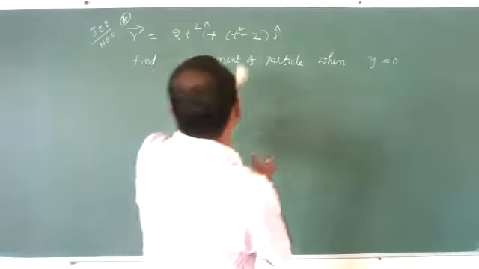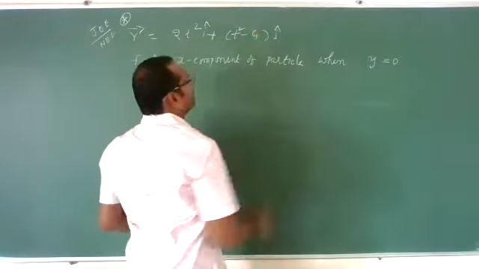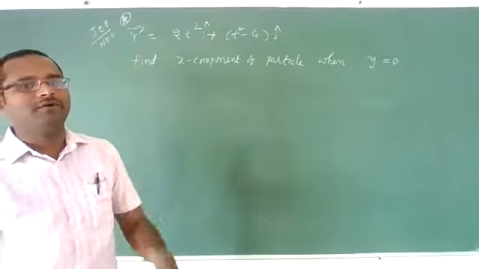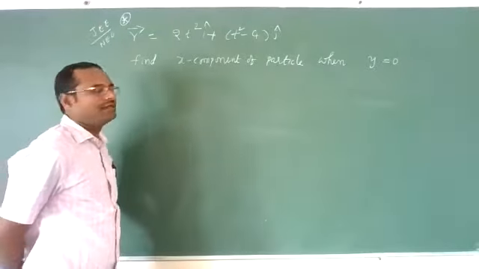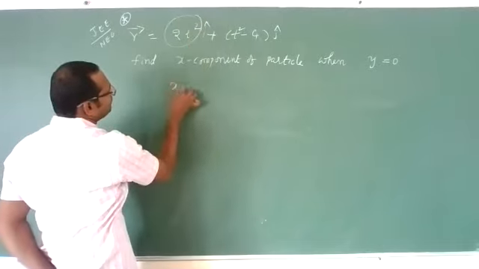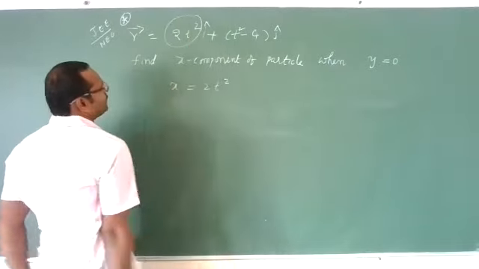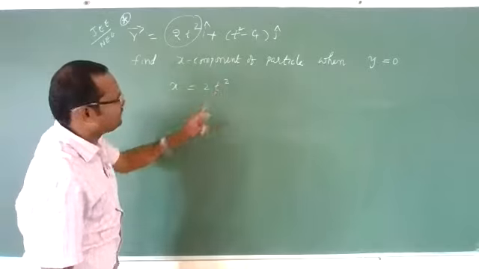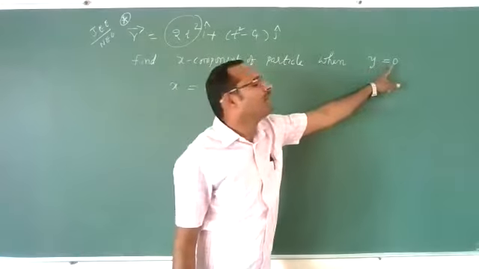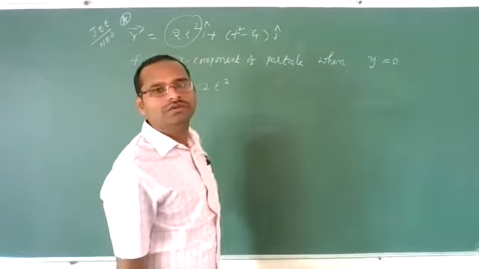What is the x component of the particle here? x is equal to 2t square. To find this we should know the time. We don't know the time, but I have given one condition: the y component is equal to 0.